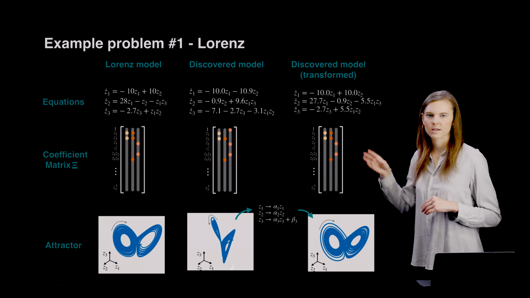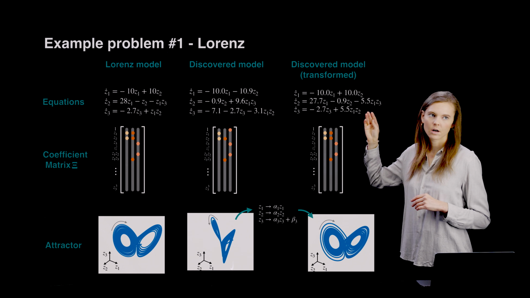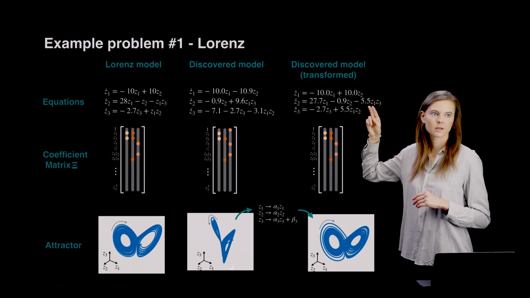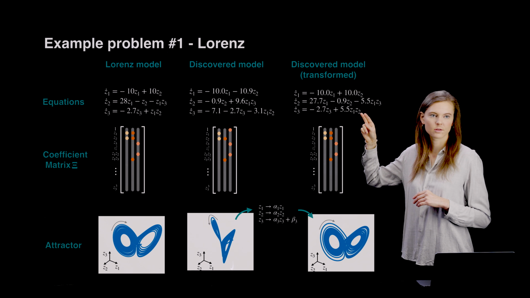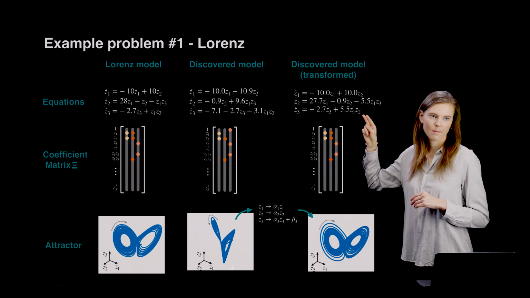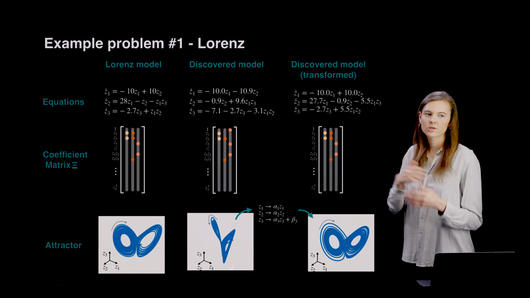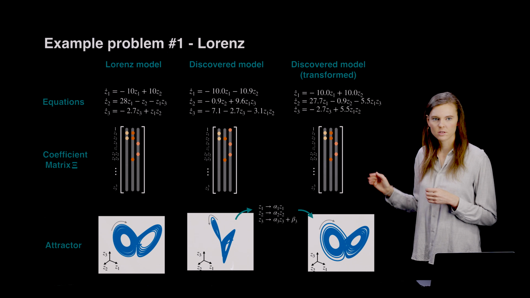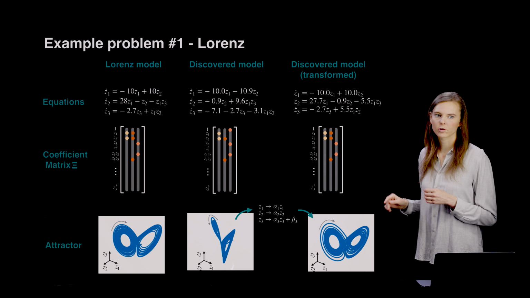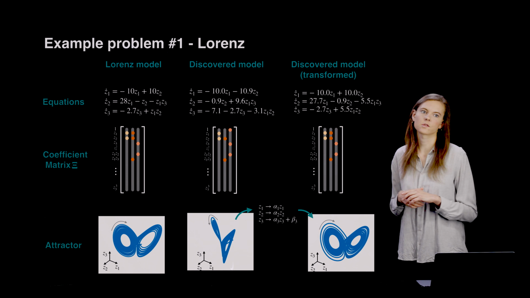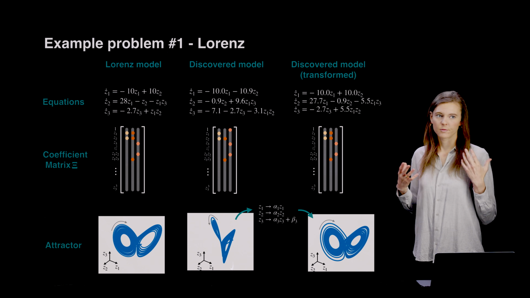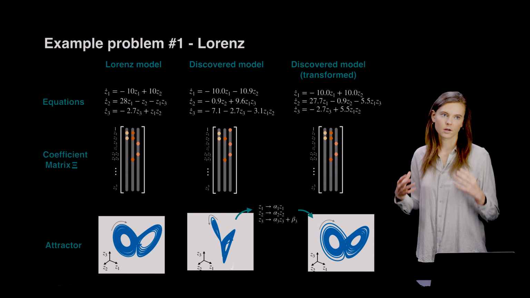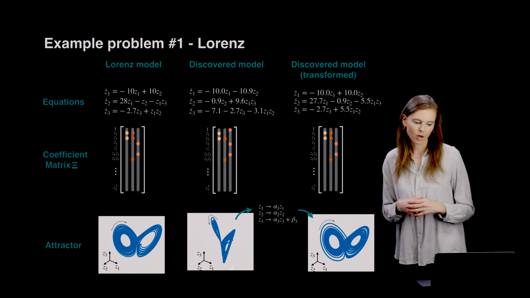You can see in this case that the equations are a very similar match, with the one exception being the coefficient on these Z1, Z3, and Z1, Z2 terms, which has a different magnitude than in the original system, but this is just an arbitrary scaling. Now the coefficient pattern matches, and the attractor looks very similar to the attractor for the original system. So it appears that this method was able to discover a model that is essentially the true Lorenz model.